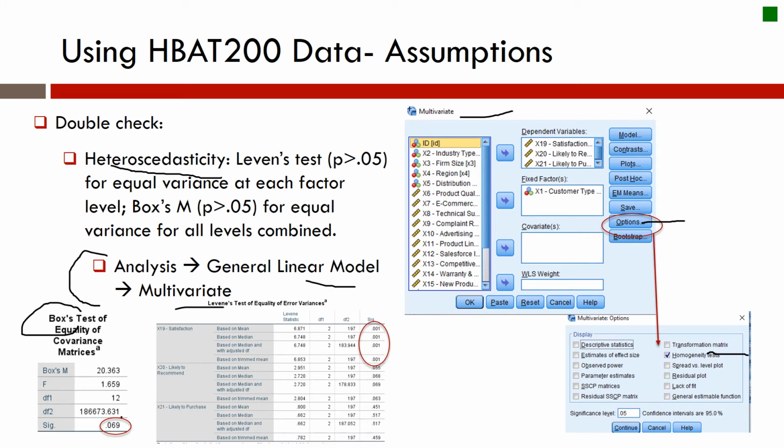The Box's test is above 0.05, so that is what we want to see. However, there are some challenging issues here that may be problematic in terms of the Levene's test, and in specific detail, the satisfaction variable. Because satisfaction is not above 0.05 in significance, this may be a challenge.